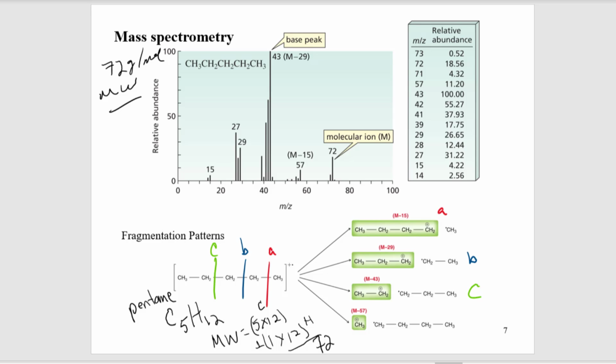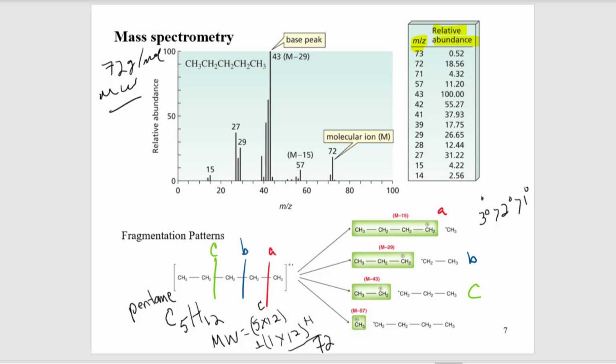So you can see in this chart that the mass is on the left and the relative abundance of that piece is on the right. I'm not too concerned in this class about relative abundance. That's something that you'll study the hows and the whys of in another course. For instance, you guys have learned in chapters 6 and 11 that radicals prefer to be on tertiary better than secondary, better than primary.